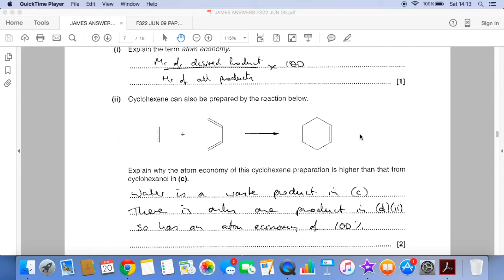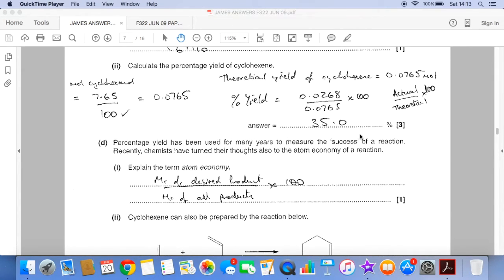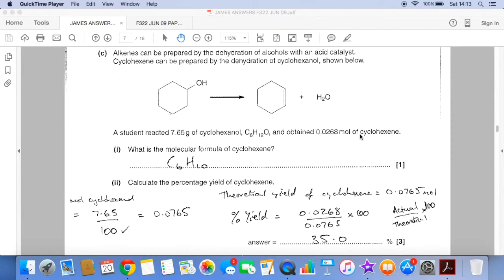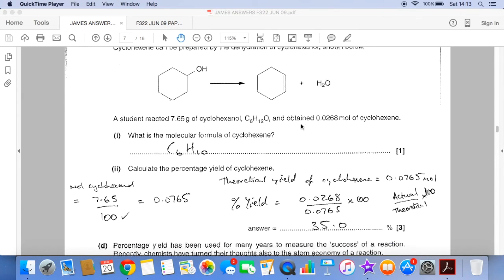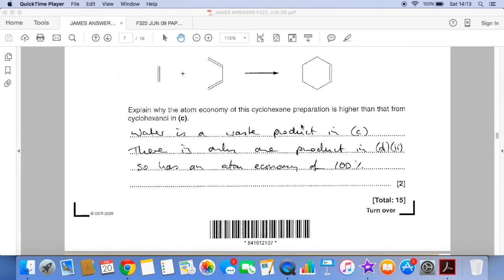There's no other product, no waste product, whereas in C you can see that there's a waste product of water. So two of the hydrogens in this and the oxygen actually don't go to make the desired product. And that's the end of the question.